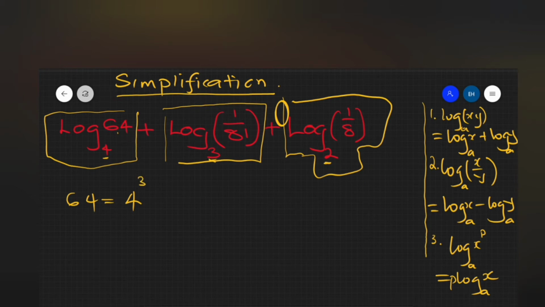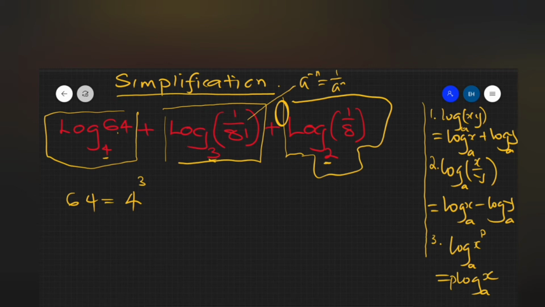Okay, then in the second one, we have base 3 and 1/81. This we apply what you have learned in exponential laws. Negative n: a to the power -n is equal to 1 over a to the power n. You apply it also there.